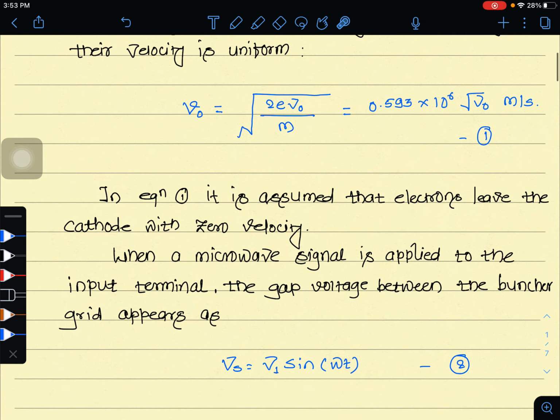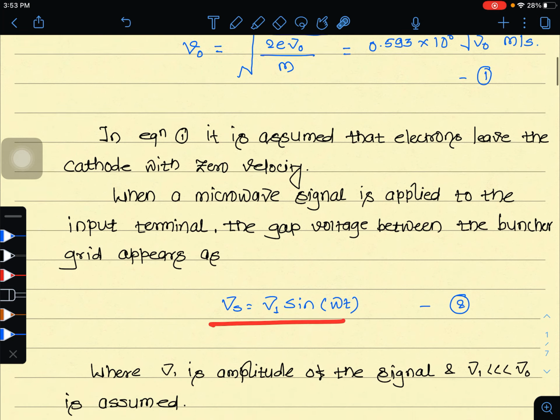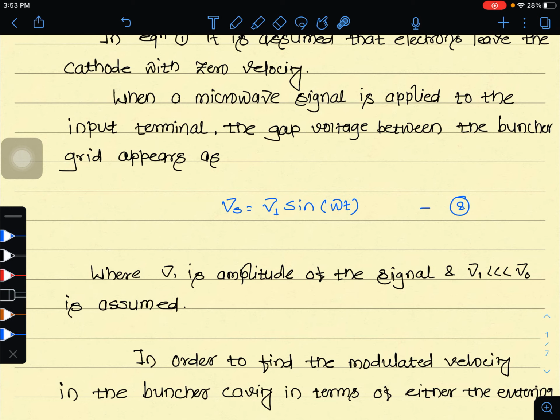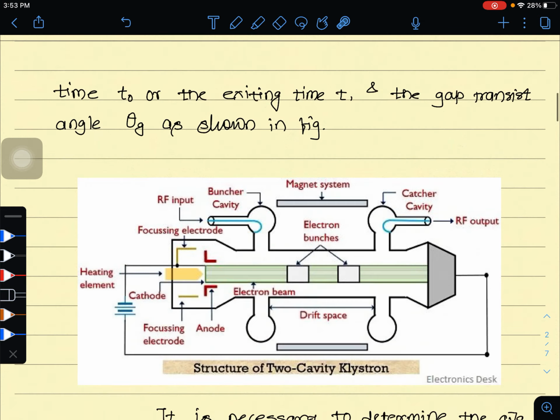Next, Vs is equal to V1 sine of omega t, where V1 is the amplitude of the signal. Another point: the entering time is t0 and the exiting time is t1. Please don't be confused. And the gap transit angle is called theta g.